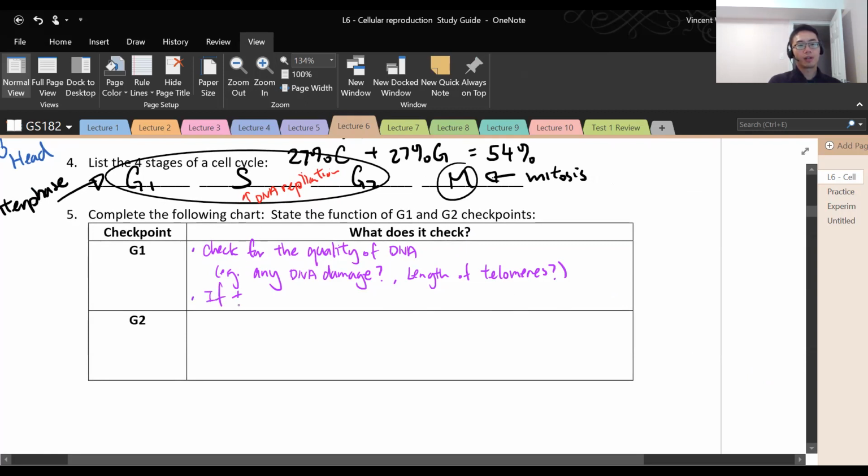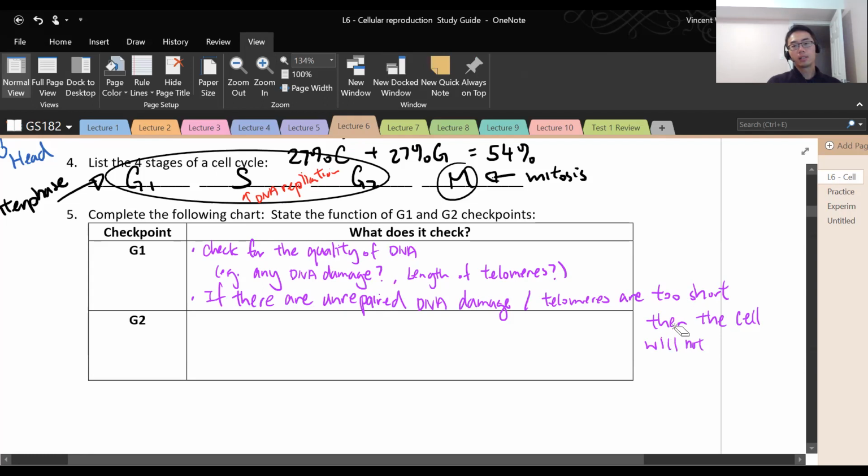Okay. So if there is unrepaired DNA damage or telomeres are too short, then the cell will not copy its DNA.